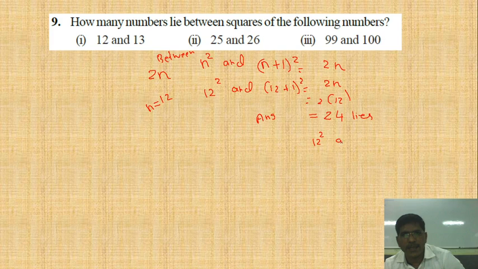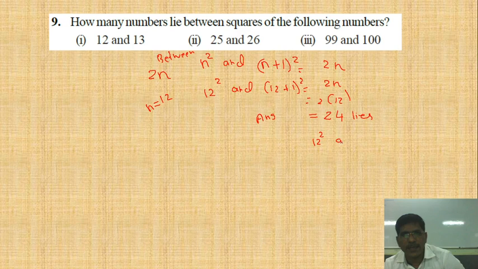So 2 into 25 is 50 terms, which lie between 25 square and 26 square. 25 square is 625 and 26 square is 676. So between these, how many terms are there? 50 terms are there.